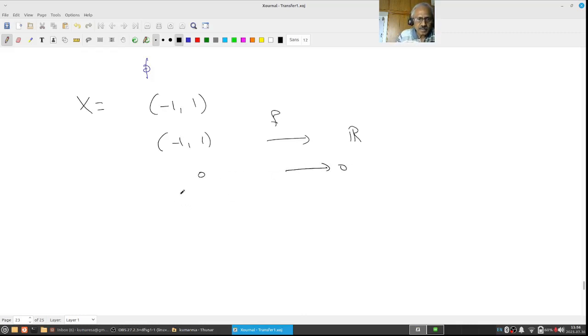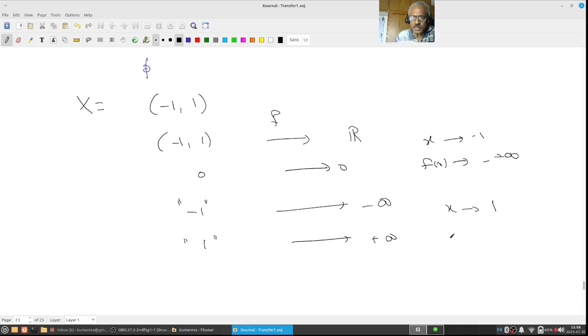Minus 1 is not there, but intuitively minus 1 should go to minus infinity and 1 should go to plus infinity. That is, as x goes to minus 1, the image f of x should go to minus infinity. When x goes to 1, f of x goes to plus infinity. This is the precise meaning.